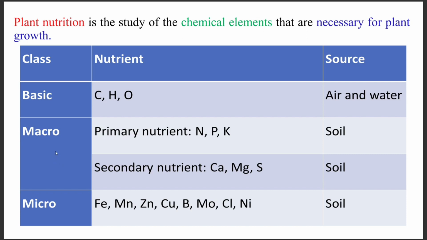And then we have macro and micro. In macronutrients, we have primary nutrients and secondary nutrients. Primary nutrients are NPK: nitrogen, phosphorus and potassium, and secondary nutrients are calcium, magnesium, sulfur. In micronutrients, we have iron, manganese, zinc, copper, boron, molybdenum, chlorine, nickel, and all these things are present in soil.